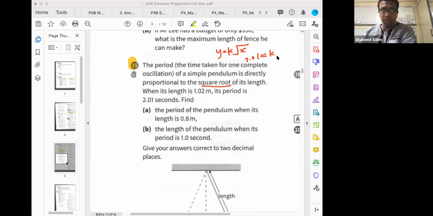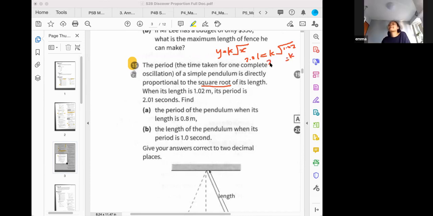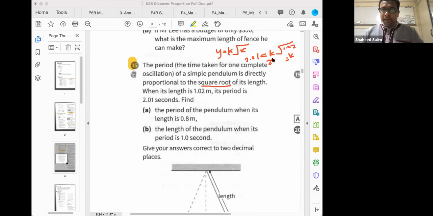So what we can do is find out k, because this one is k times the square root of 1.02. You bring this down first. So k equals 2.01 divided by the square root of 1.02. You don't press the calculator step by step, otherwise you have to round off first.